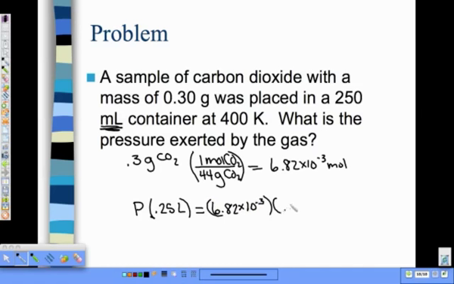R is 0.0821 and temperature is 400. So if we solve for pressure, I get a pressure of 0.896 atm.